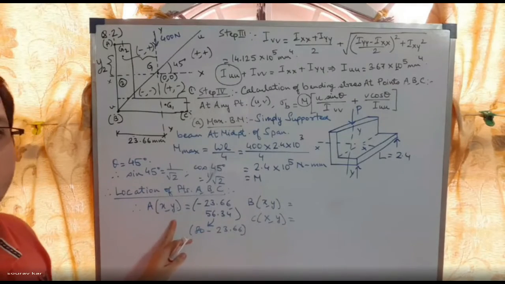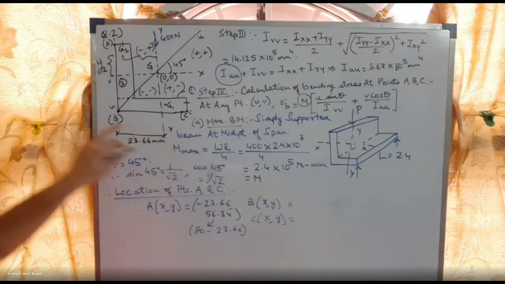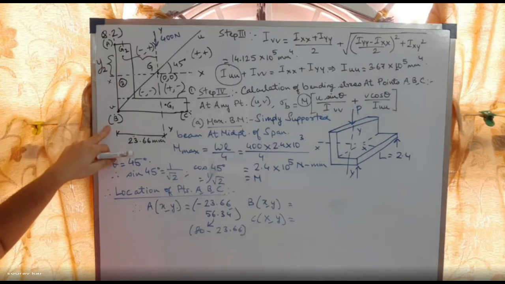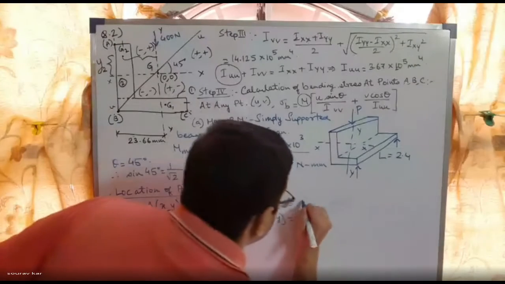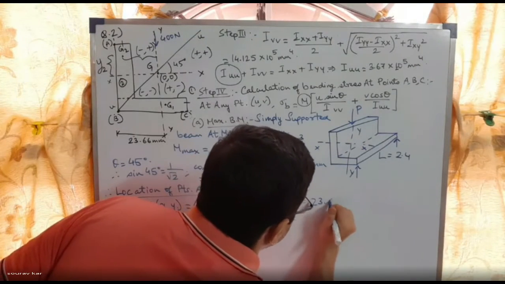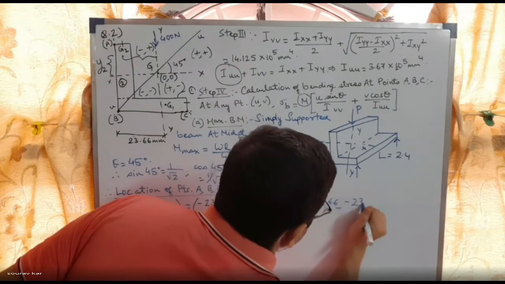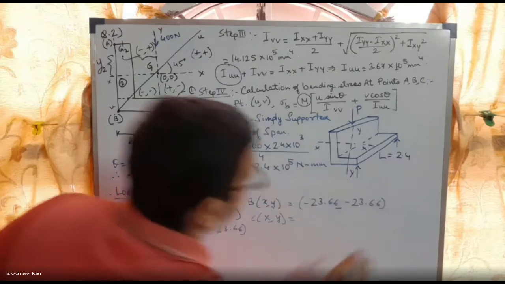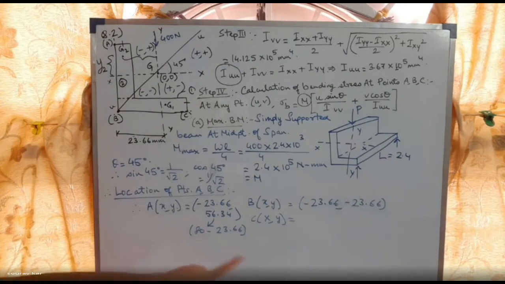Next point B. So A point I have got. What is the quadrant of B? Minus 23.66, minus 23.66. Very good. Here X and Y coordinates are both negative. Okay.